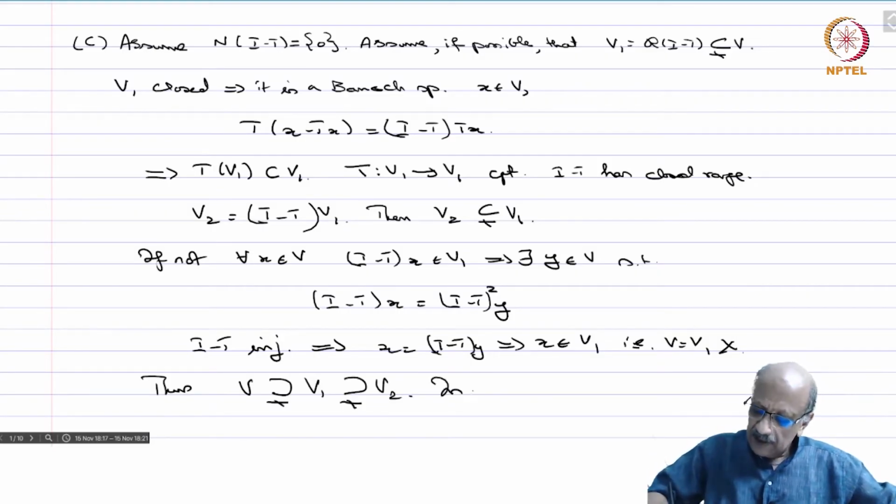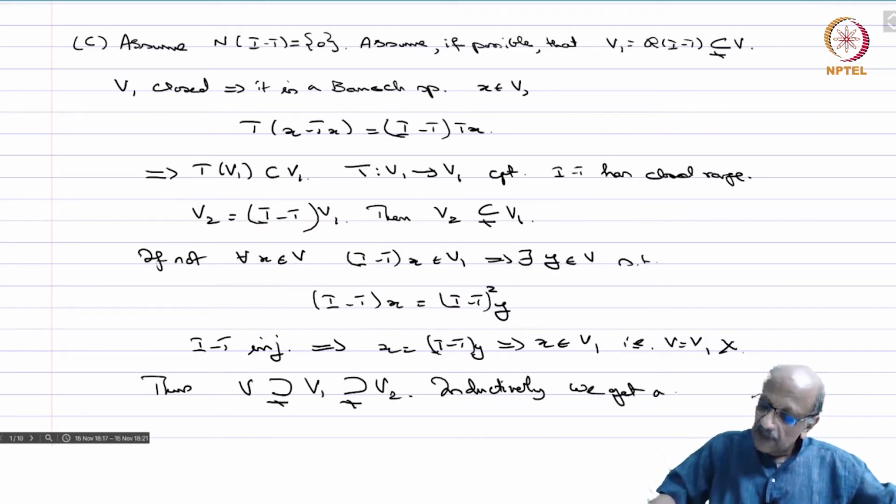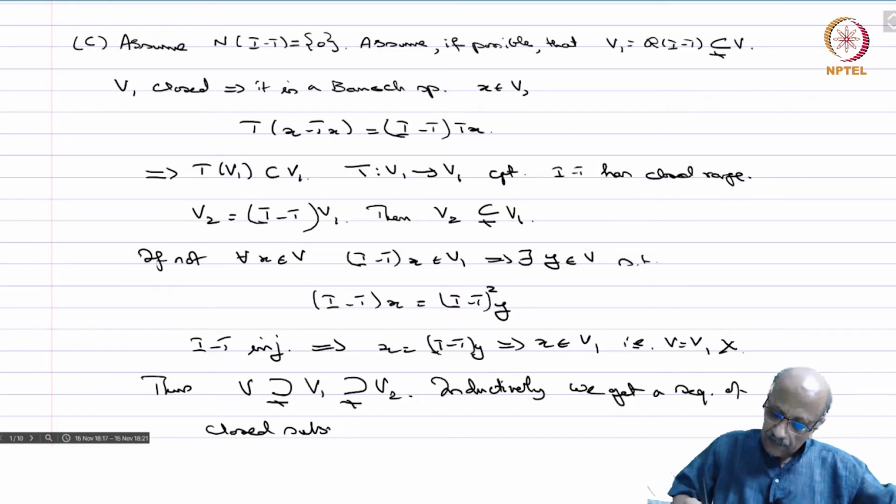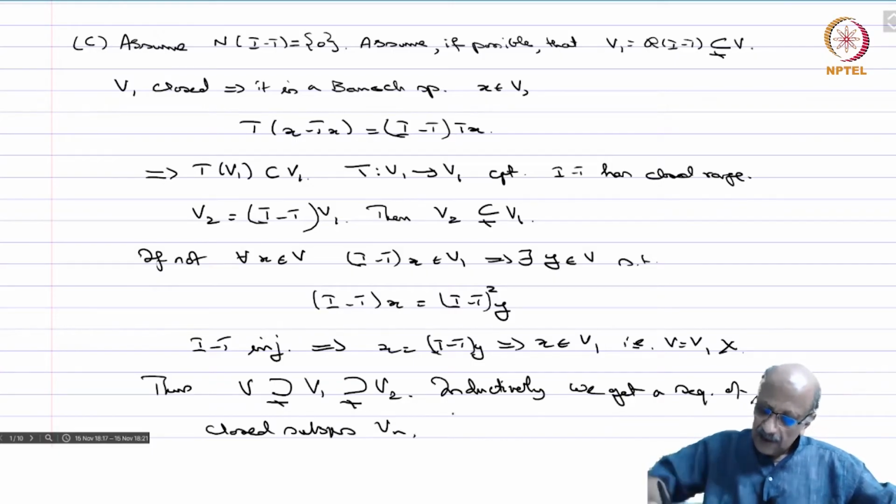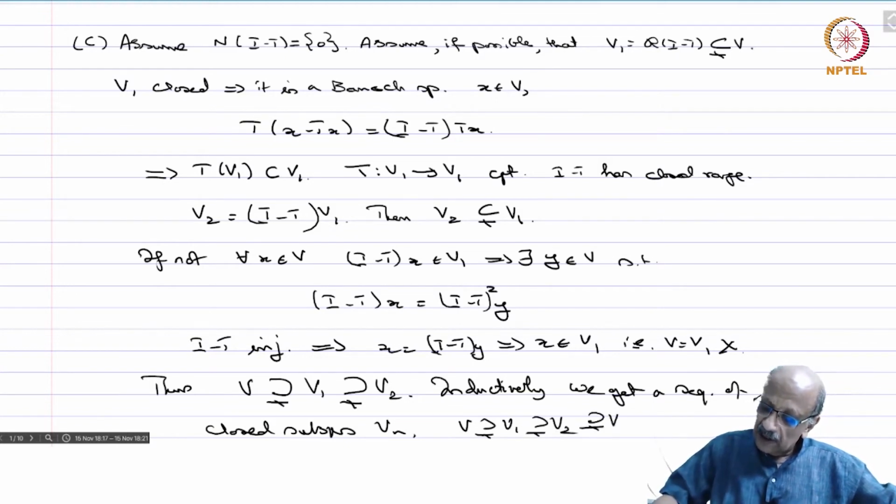So inductively we proceed like this. We get a sequence of closed subspaces Vn, and you have V strictly containing V1, strictly containing V2, strictly containing V3, and so on.